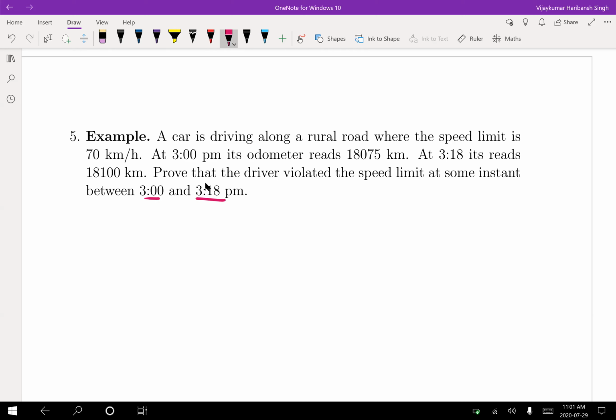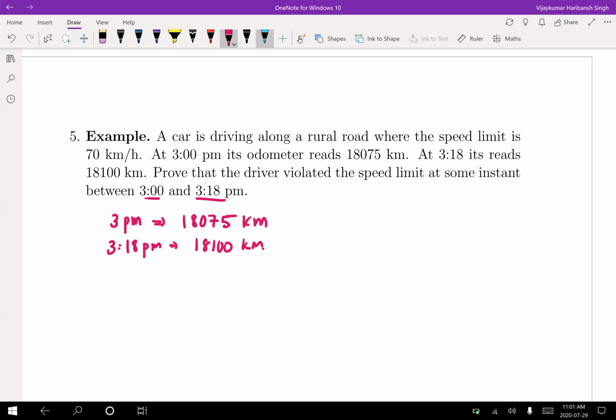What do we have? At 3 p.m. the odometer said 18,075 kilometers, and at 3:18 p.m. it said 18,100.